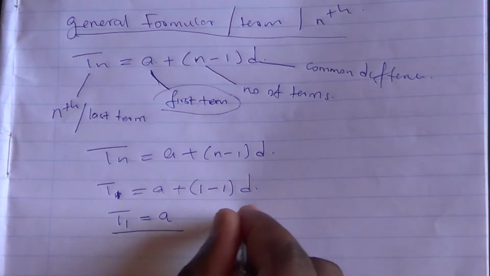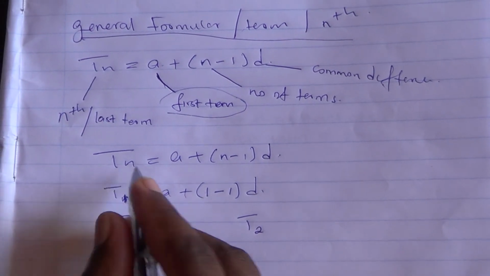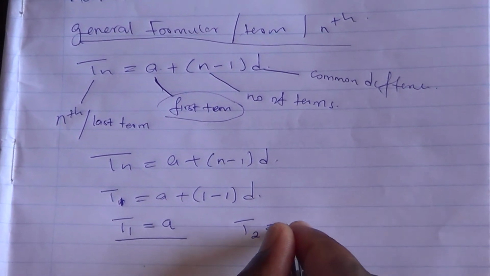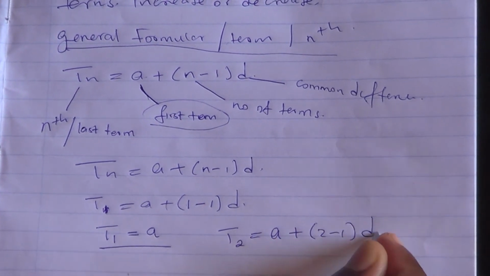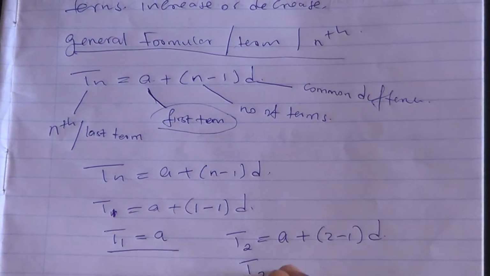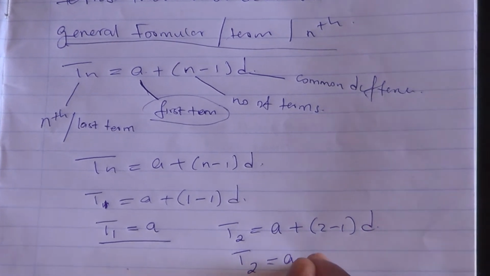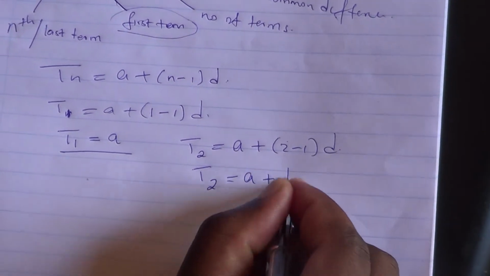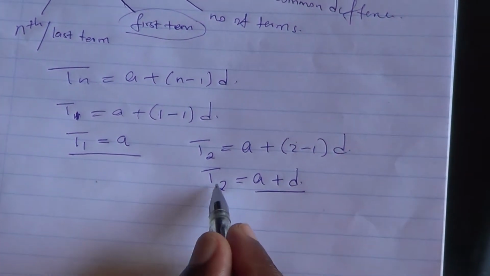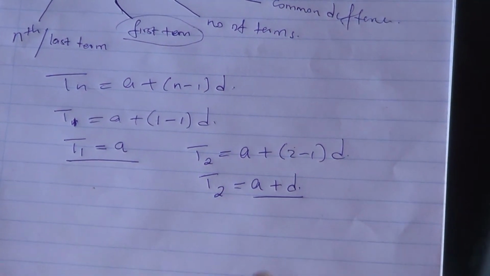Let's go and check T2. Where there is n, we replace it with 2. So we have a + (2 - 1)d. 2 minus 1 is 1, and 1 times d gives us d, meaning that term number 2 is a + d.